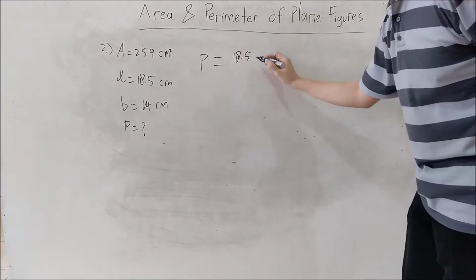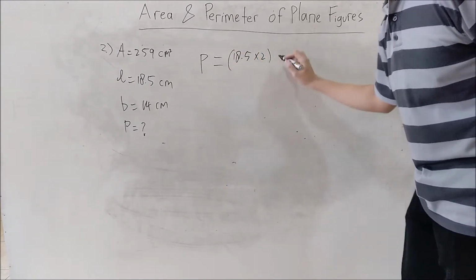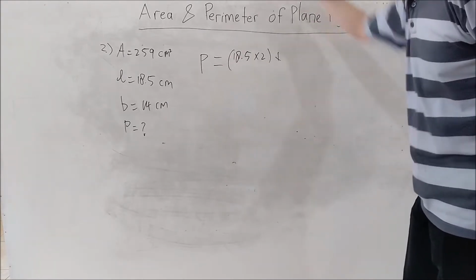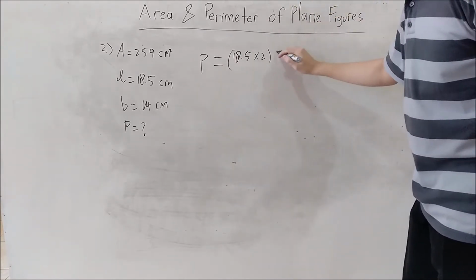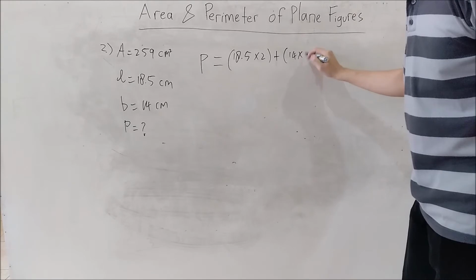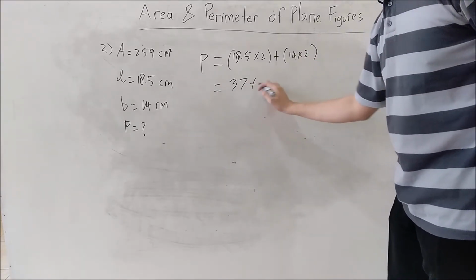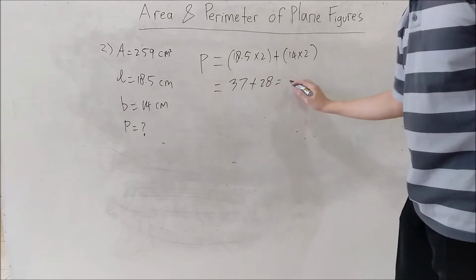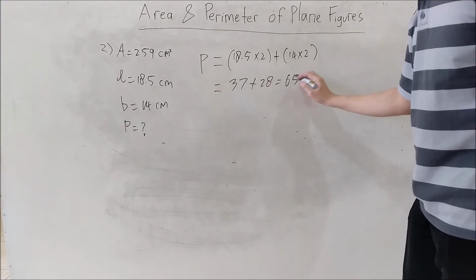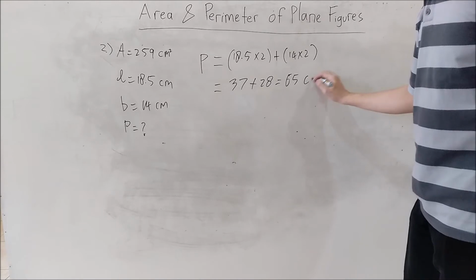Since I have 2 lengths, it will be times 2. Plus breadth is 14, so 14 times 2 is 28. 37 plus 28, we will have 65 centimeter.